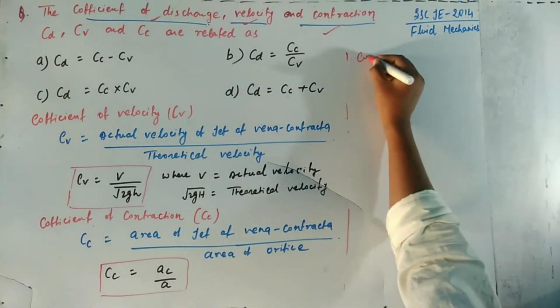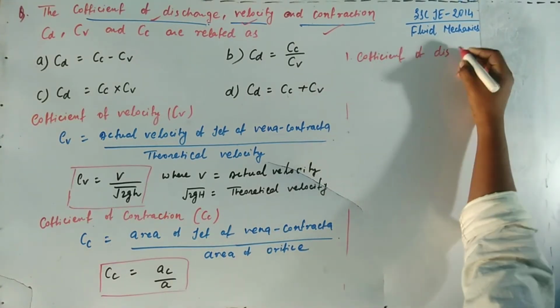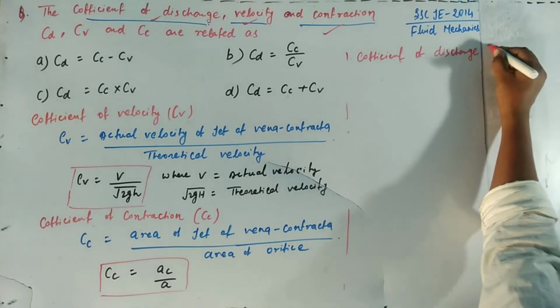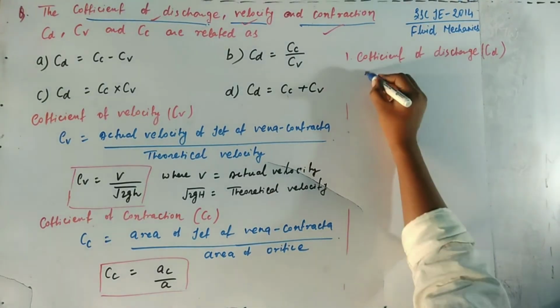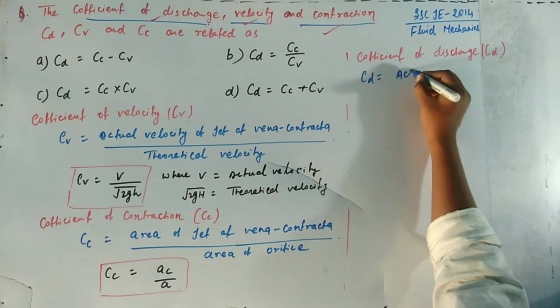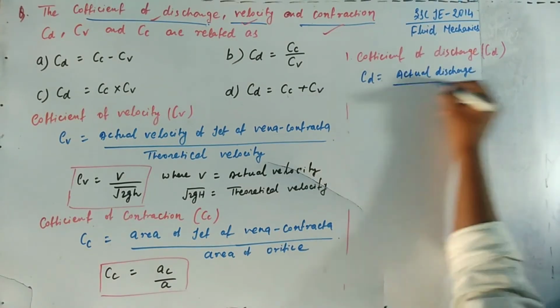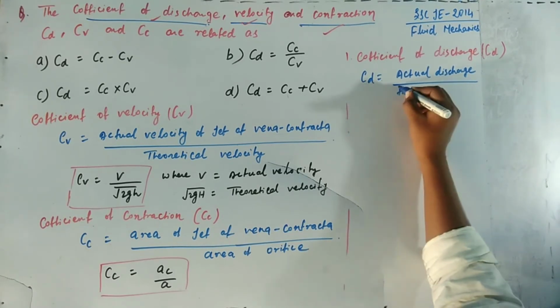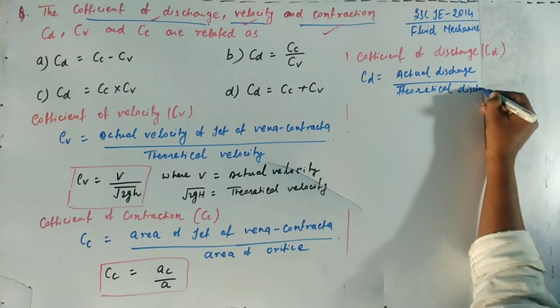Now the next coefficient is coefficient of discharge. What is coefficient of discharge? Coefficient of discharge is actual discharge by theoretical discharge. In a simple form, it is the ratio of actual discharge to the theoretical discharge.